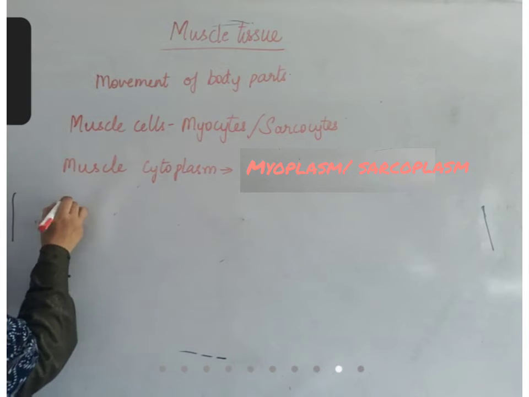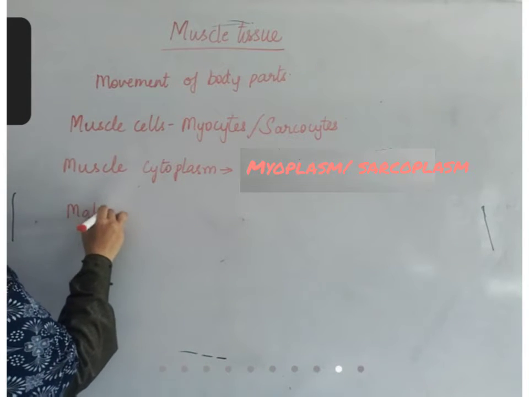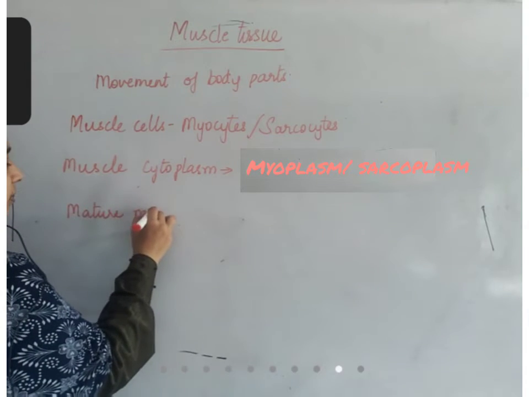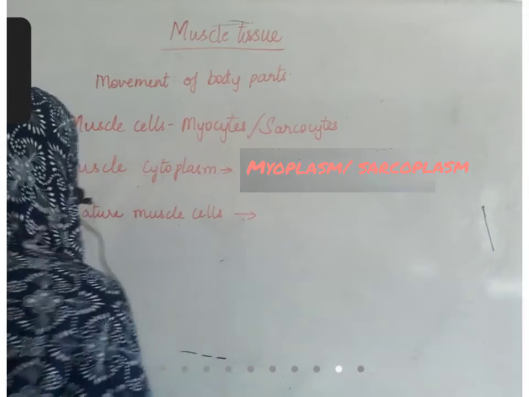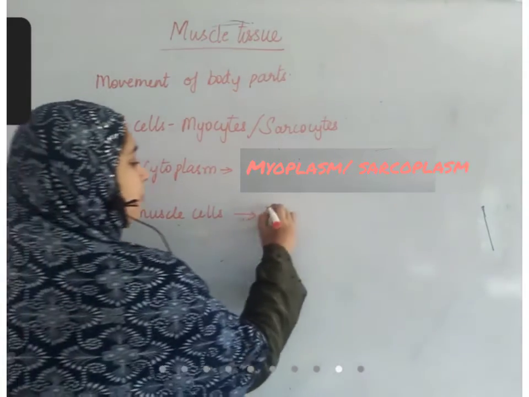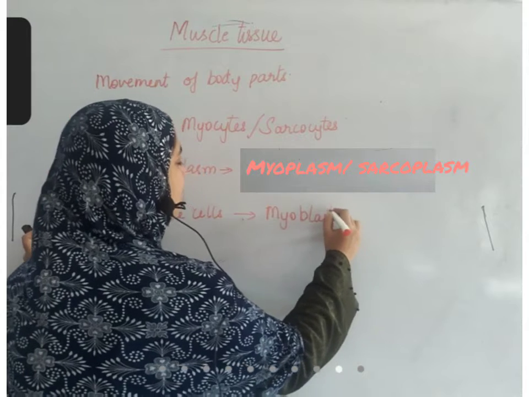The immature muscle cells are called myoblasts.